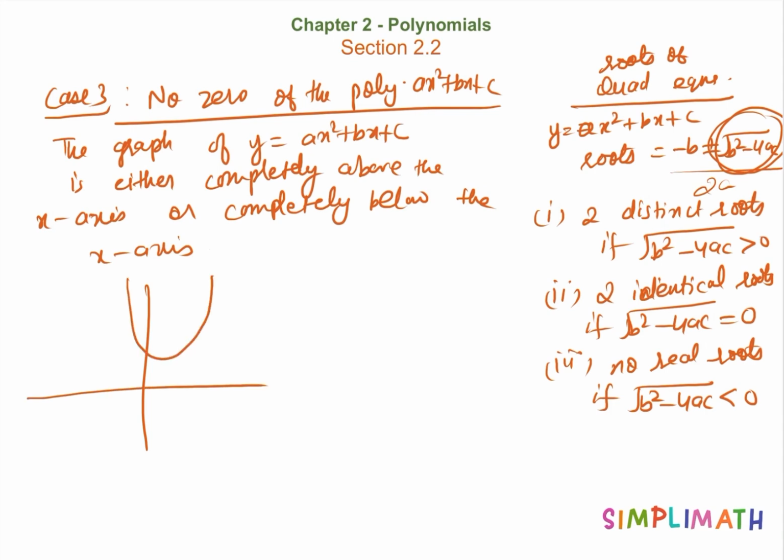Like this, either completely above or completely below. And of course, always in the case of quadratic polynomials, the graph would be a parabola.